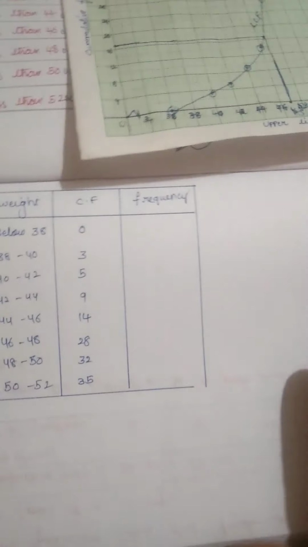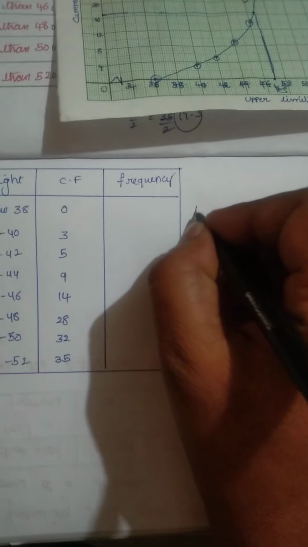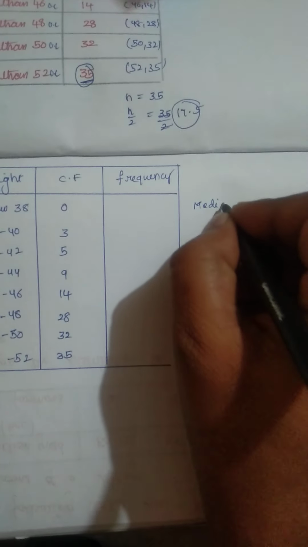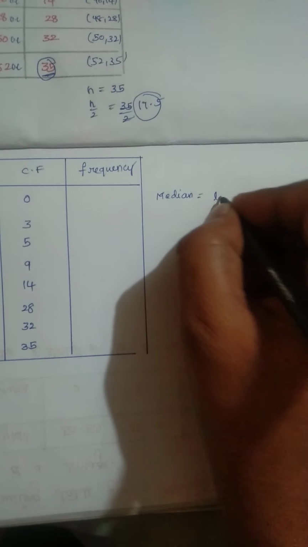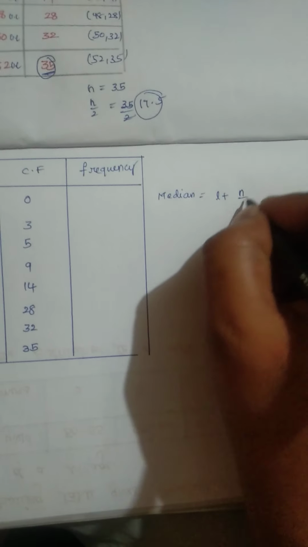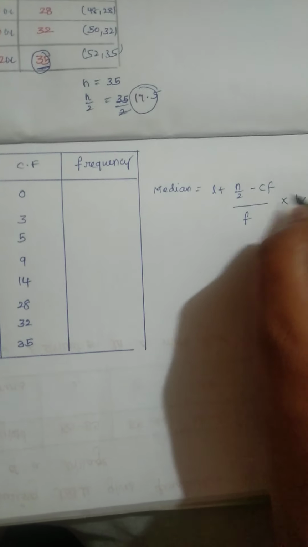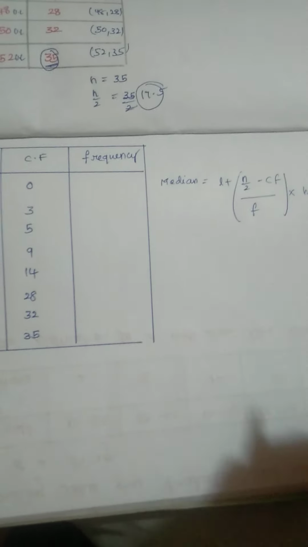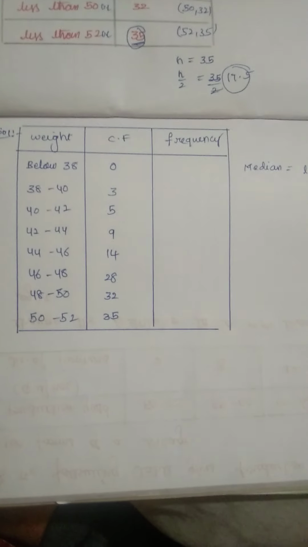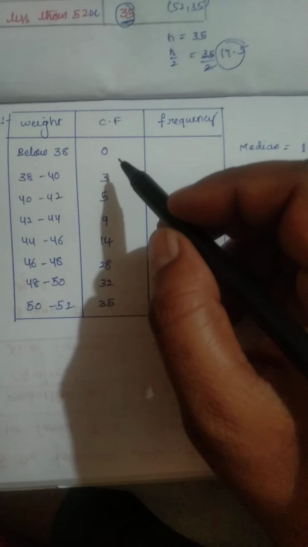As we know, what is the formula to find the median? Actually median equal to L plus n by 2 minus Cf by F into H, right? This is our formula to find the median, as it is cumulative frequency, children.